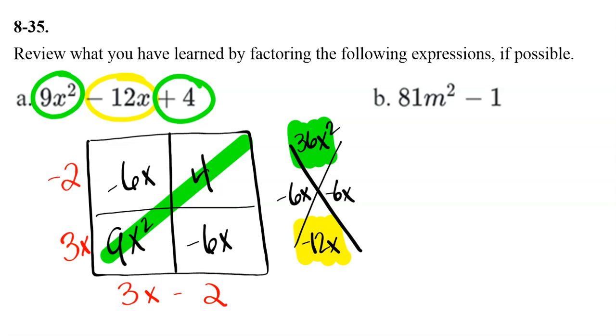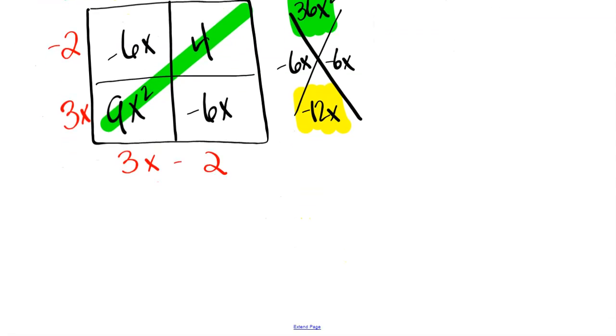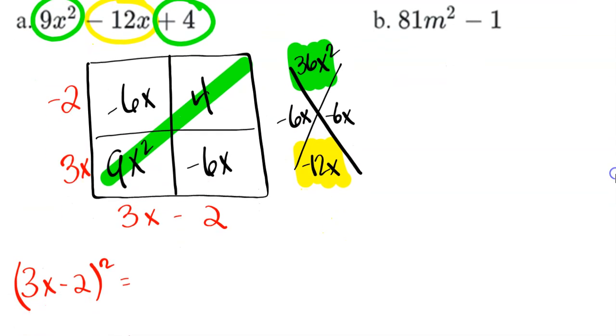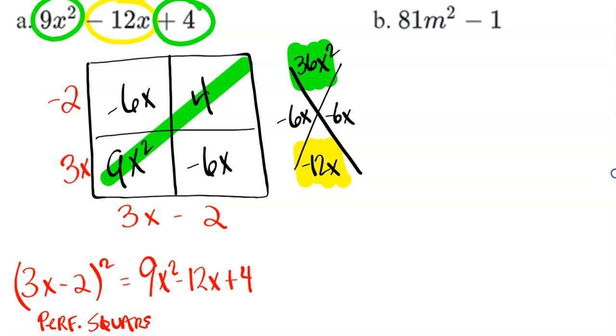So that's what we end up with, which is another perfect square, which is 3x minus 2 squared, which is actually equal to 9x squared minus 12x plus 4. So that's interesting. That's another perfect square. Okay, so that's that one.